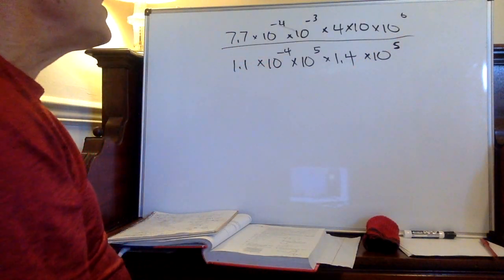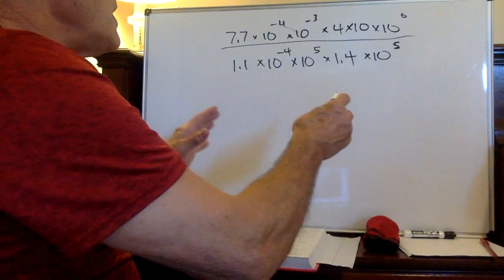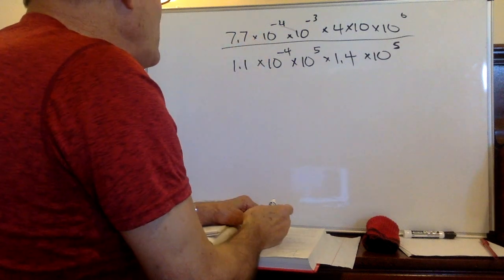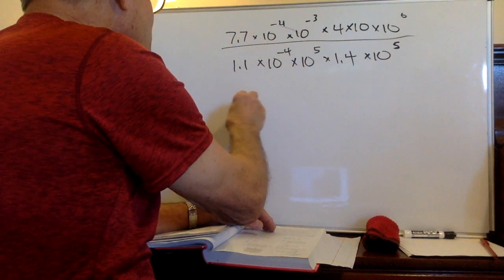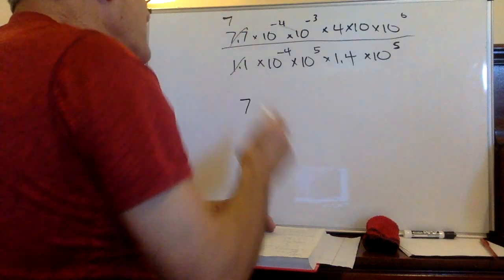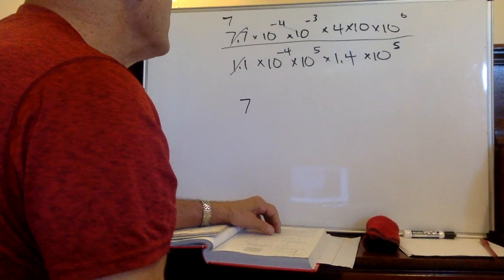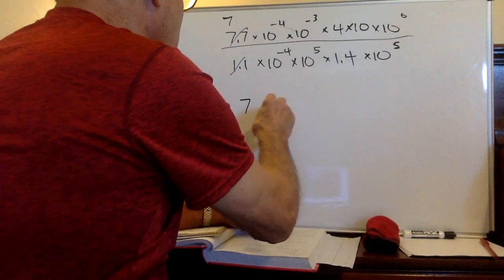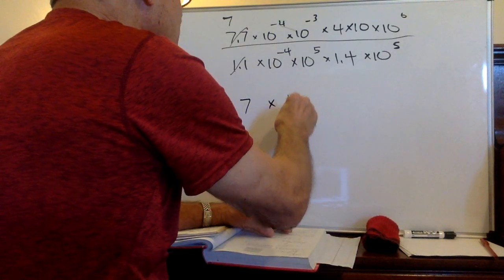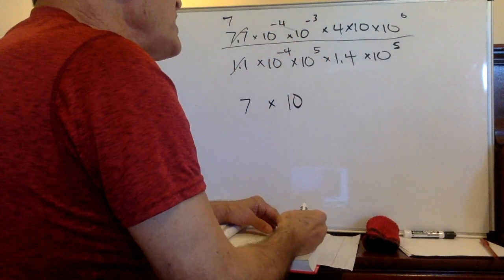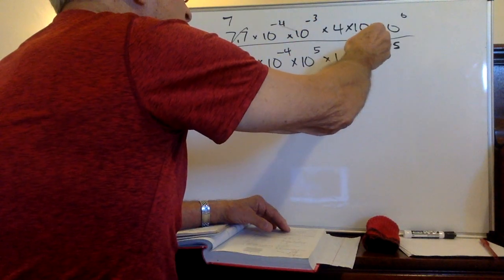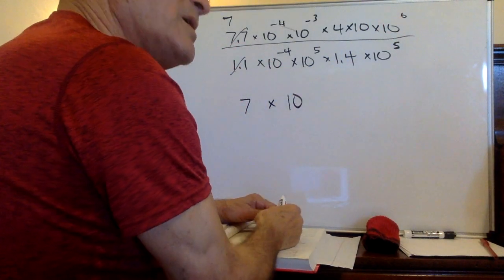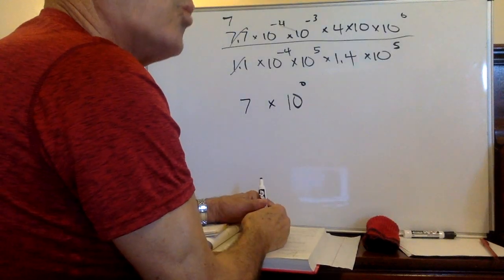All right? So now, look what I can do. Well, 1.1 and 7.7. 1.1 goes into 7.7 7 times. That's easy enough to do. Let's leave these alone because things are going to get real simple here in a second. So this becomes 7 times 10. Negative 4 minus 3 is minus 7 times 10 to the 7th, which is 10 to the 0, which is 1.